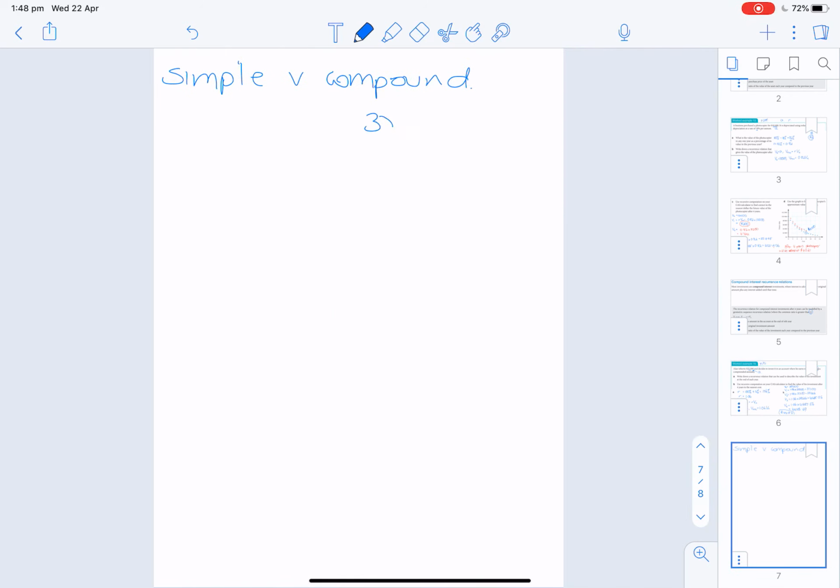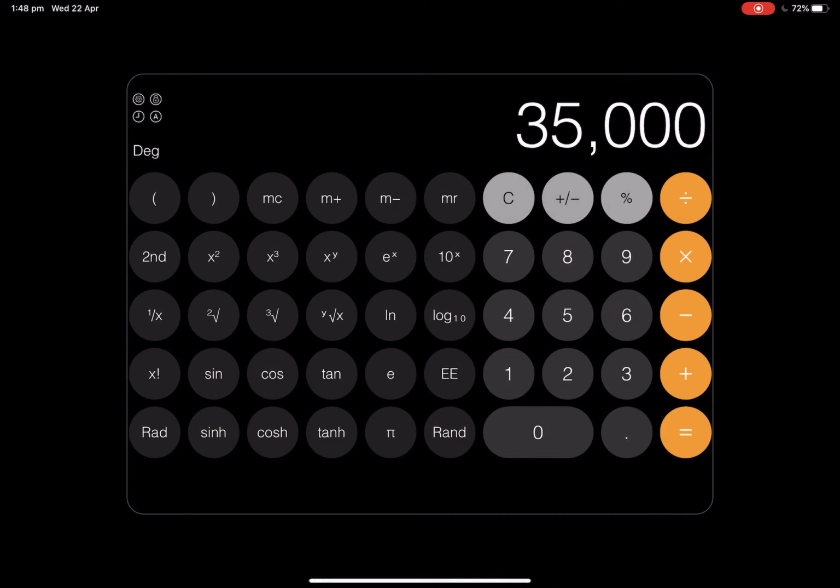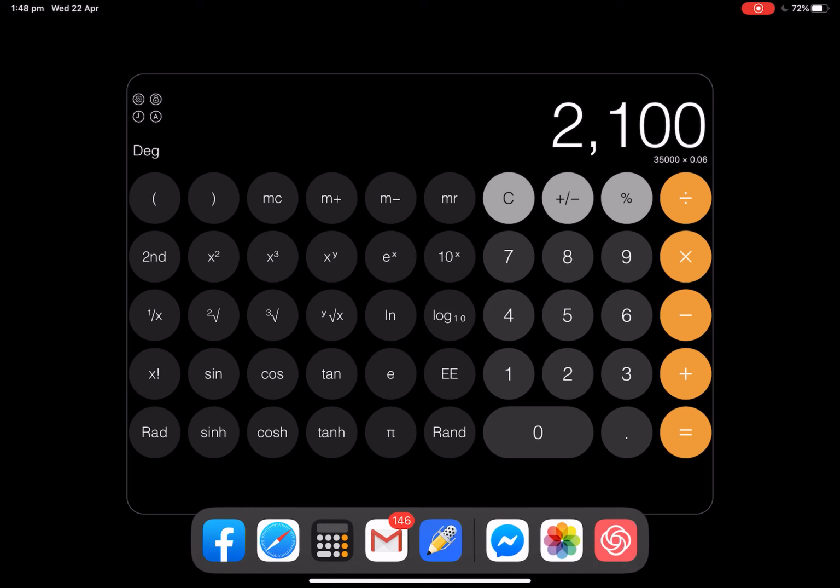So we started off with 35,000 and ended up with 44,187 at 6% compounded. Now, 35,000 times 6% gives you 2,100.